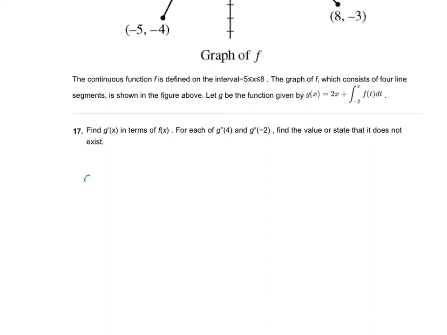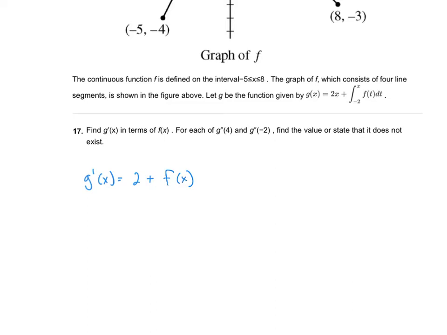The derivative of 2x here is just 2. And when we take the derivative of that integral, we have a constant on the bottom and an x on the top, so this is just going to be f of x. All right, and that's that part.